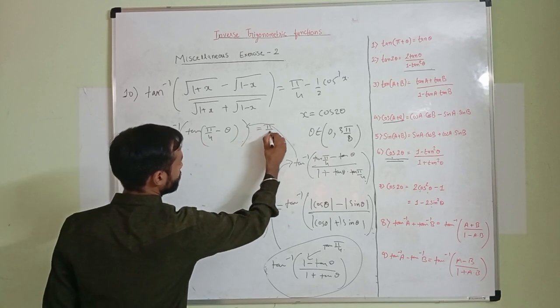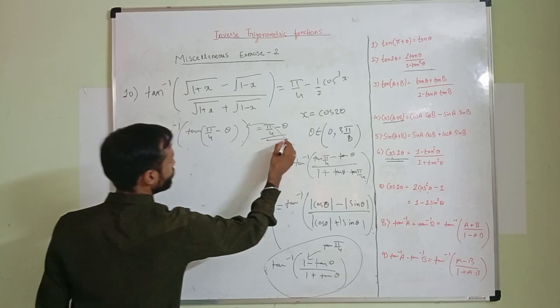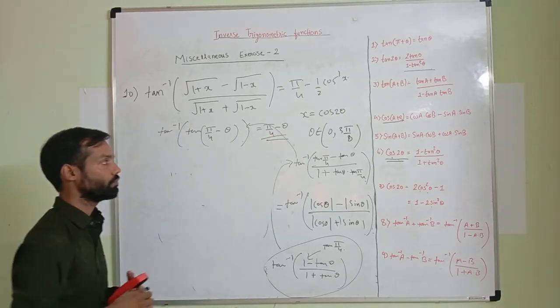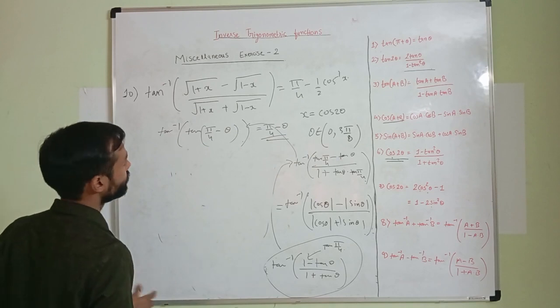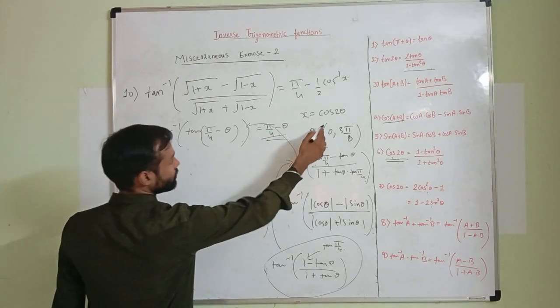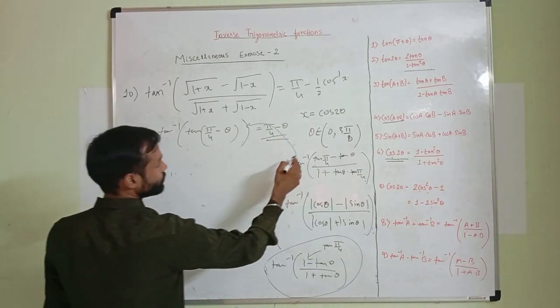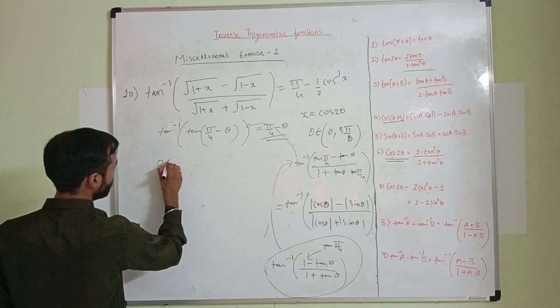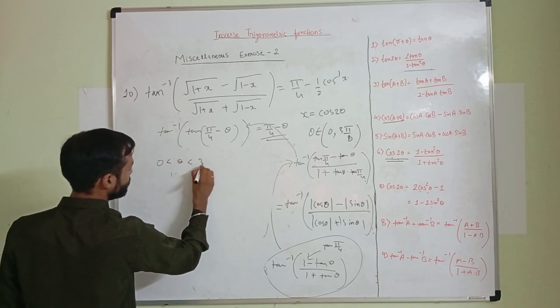But before that we have to prove whether this pi by 4 minus theta belongs to minus pi by 2 to pi by 2, because that is the requirement for the tan inverse function. Since our theta belongs to 0 to 3 pi by 8, first we write 0 less than theta less than 3 pi by 8.